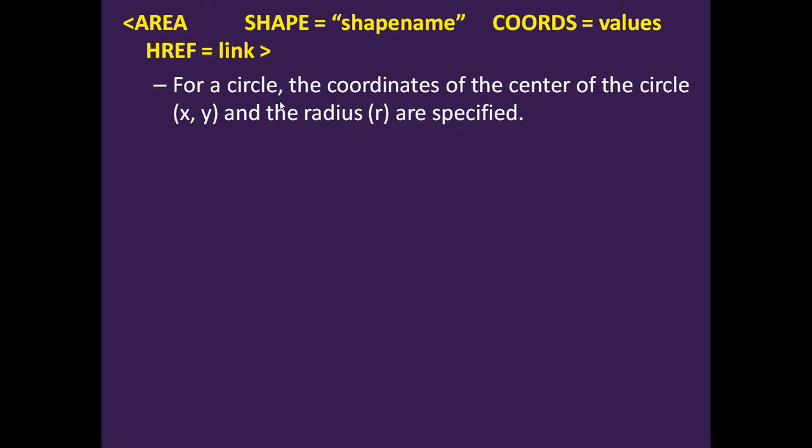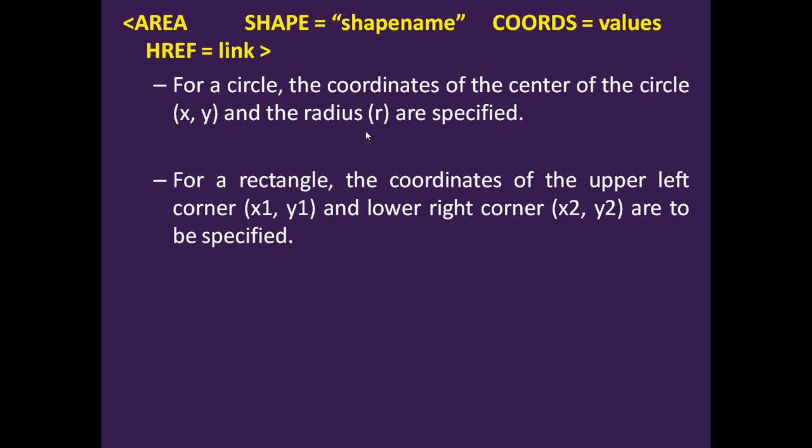Next, for circle, that is, if the shape is a circle, how to specify the coordinates? You have to specify 3 coordinates, x, y and r. What are x and y? X and y are coordinates of the center of the circle, and r is the radius of the circle.